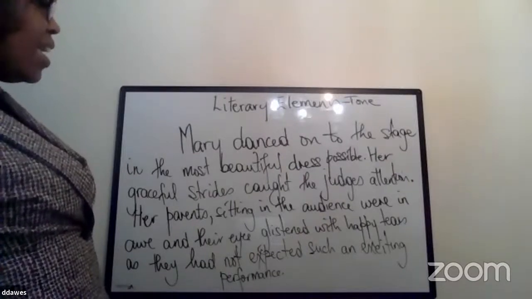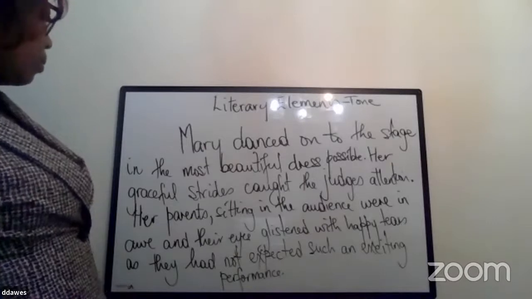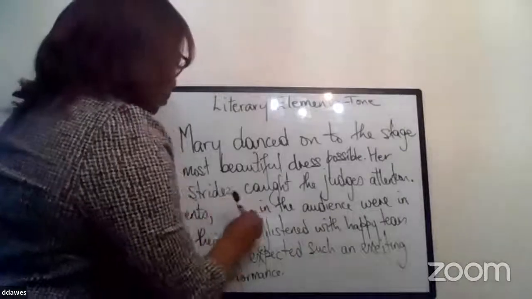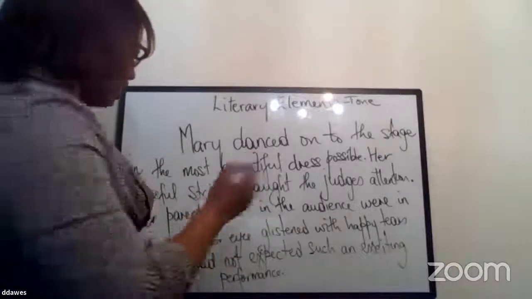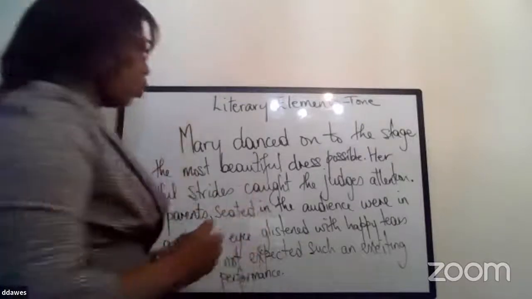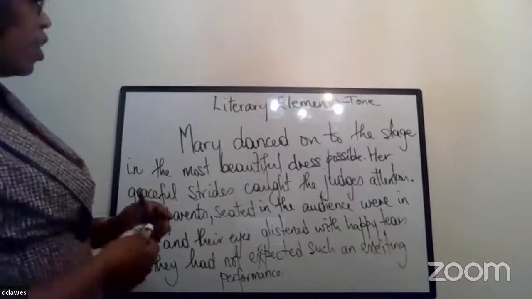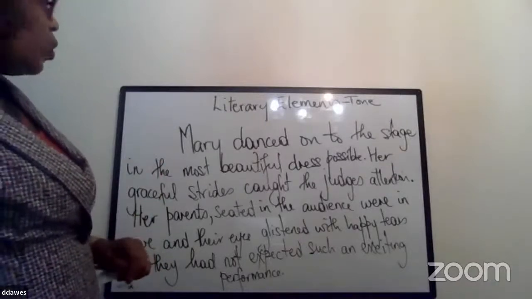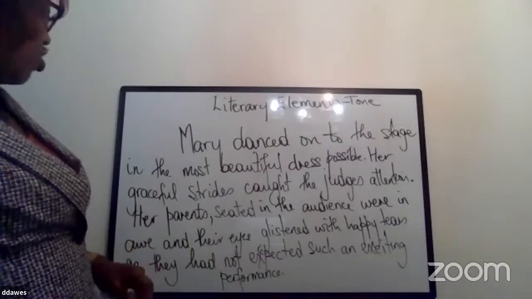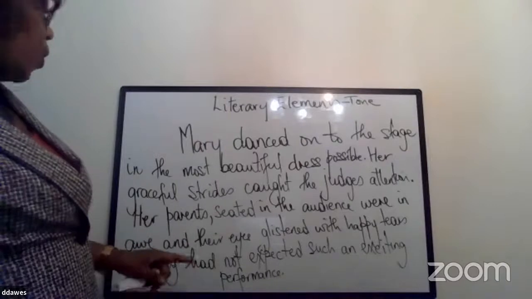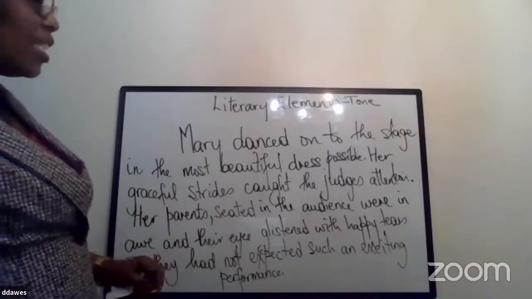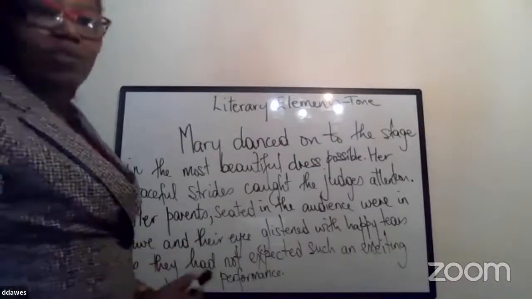Her parents, it should have been seated in the audience, not sitting, seated. Mary danced onto the stage in the most beautiful dress possible. Her graceful strides caught the judge's attention. Her parents, seated in the audience, were in awe, and their eyes glistened with happy tears as they had not expected such an exciting performance from their daughter.